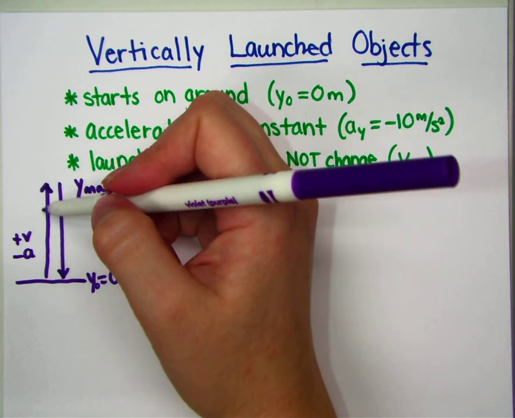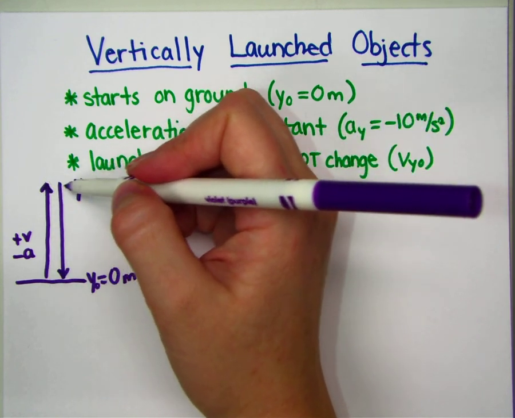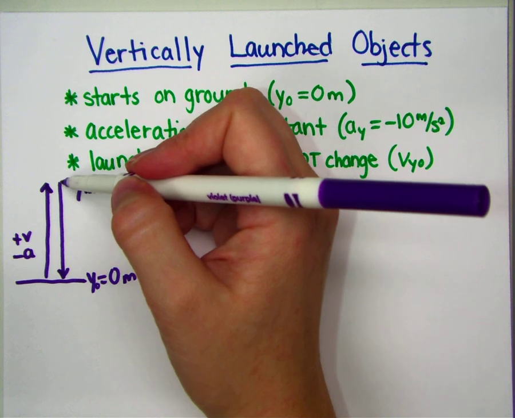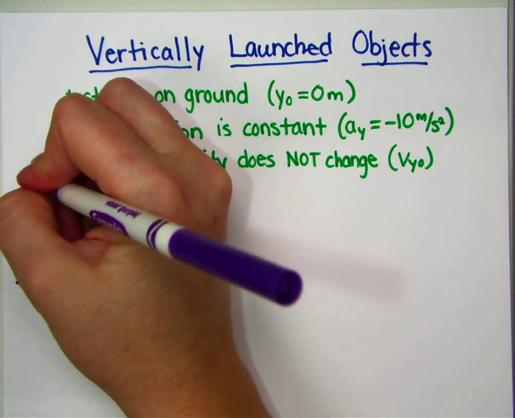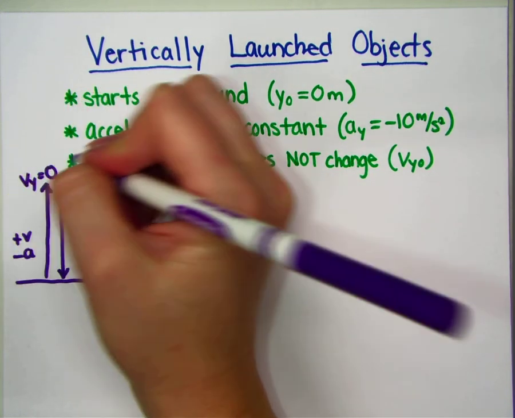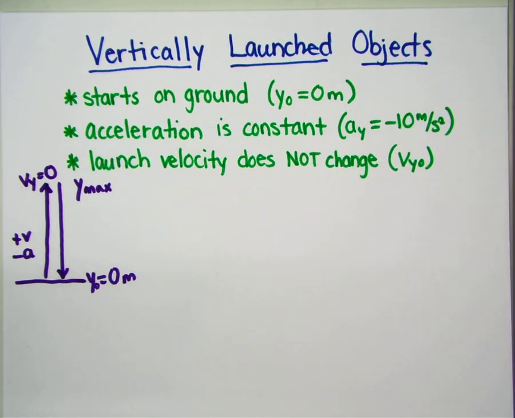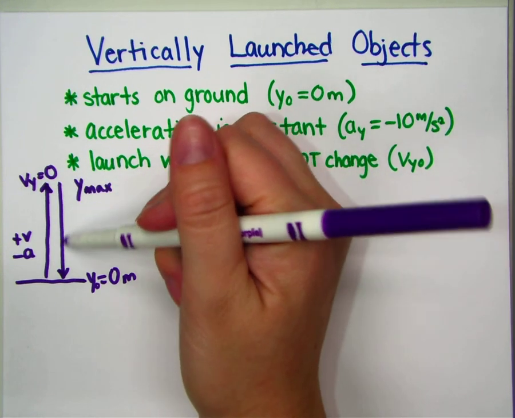As it goes up, it slows down and reaches its maximum height. At its maximum height, the velocity is 0. The object stops. It doesn't stop for very long. So if you do this in real life, you don't actually see the object stop moving, but it momentarily does stop, okay? It changes direction and then comes back down.